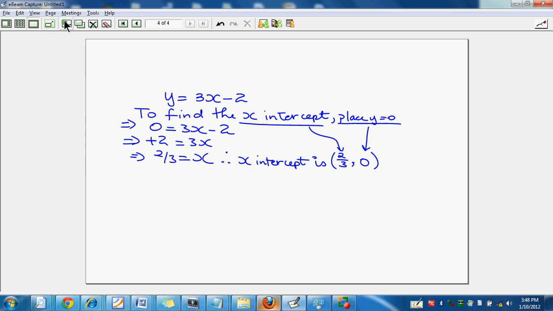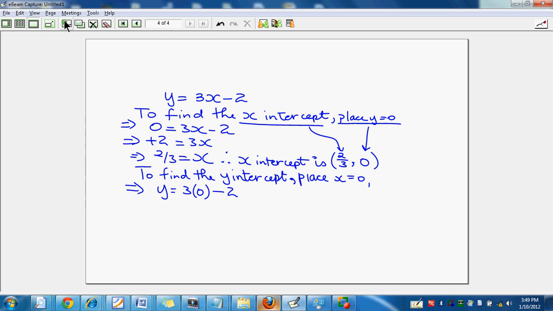And then the next step, to get the other point that we'll be using to sketch the curve, is to find the y-intercept now. So you write, to find the y-intercept, what we do is we place x equal to 0 in the equation of the straight line, which means that y equal to 3x minus 2 becomes y equal to 3 by 0 minus 2, because we place x as 0 in the equation of the straight line.